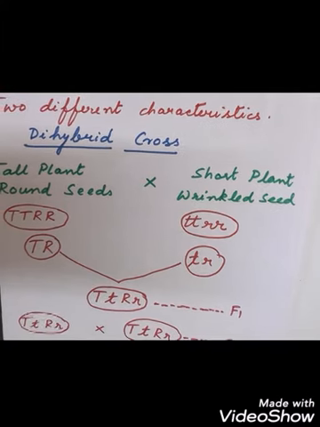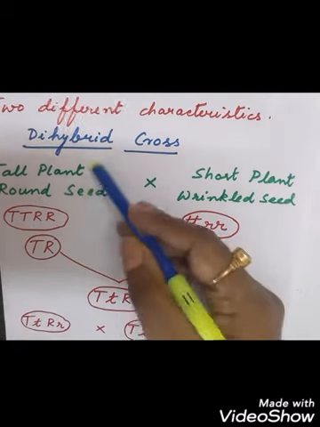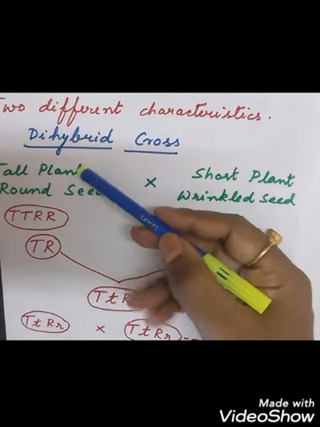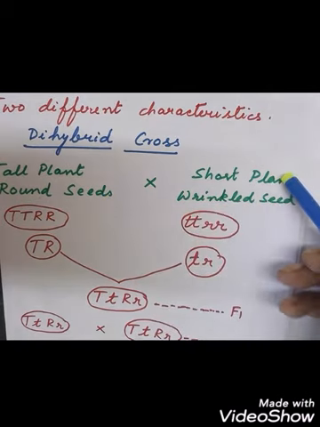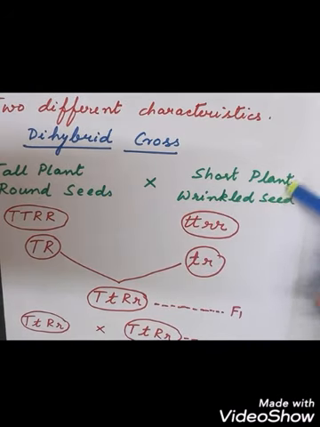Now this cross will show two different characteristics. In the same plant we have tall, round seeds, and for the other, short and wrinkled seeds. So this is one plant, short and wrinkled seeded, and this is one plant, tall and round seeded.